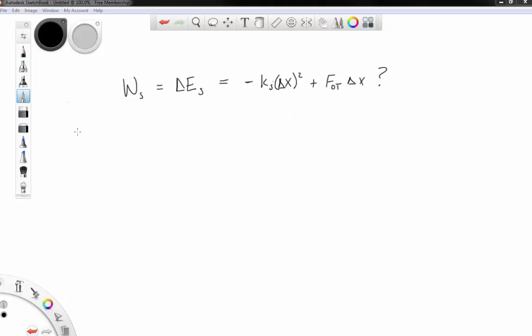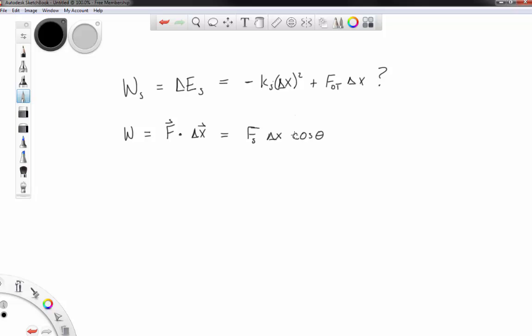Because again, recall that the work is always going to be force times the displacement, or the dot product between force and displacement, which would be force of the spring times the displacement of the spring times the cosine of this angle.